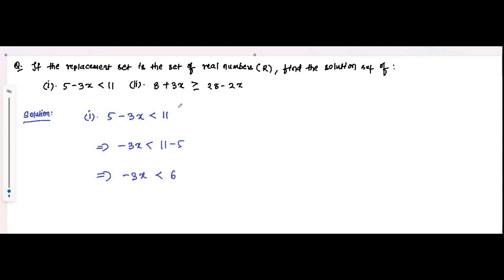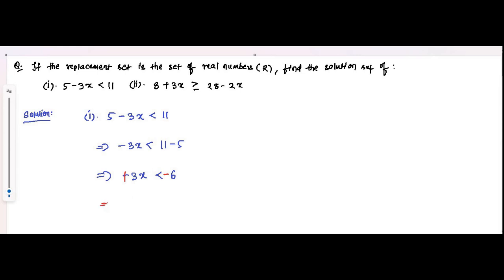So here we will implement another rule of handling linear inequations, where if the sign on each side of the inequation, that is both LHS and RHS, is changed, then the sign of inequality reverses. So here, if this minus 3x is changed to plus 3x and 6 is changed to minus 6, this lesser than will become greater than.